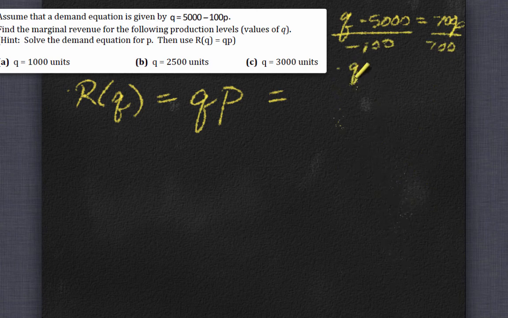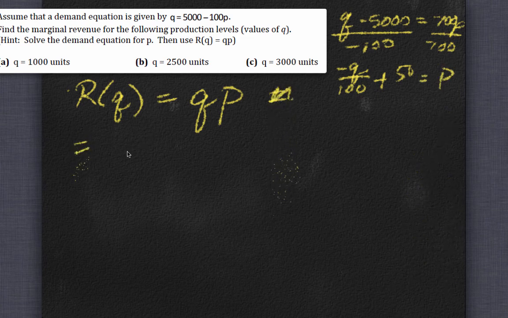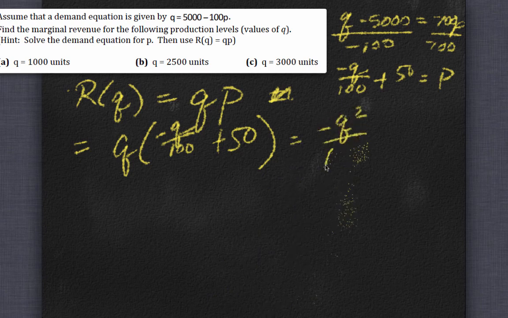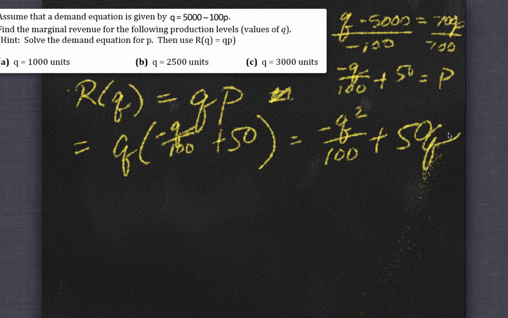So negative Q over 100 plus 50, because negative over a negative, equals P. So now I've just substituted for P. So this is negative Q squared over 100 plus 50Q.